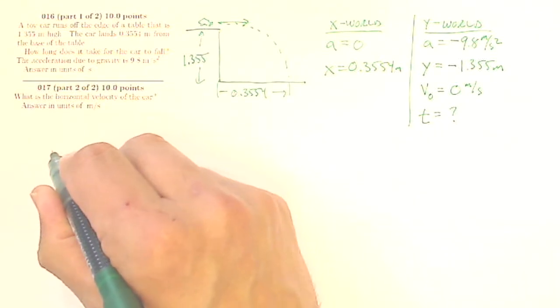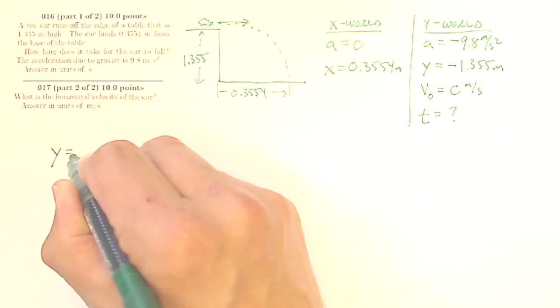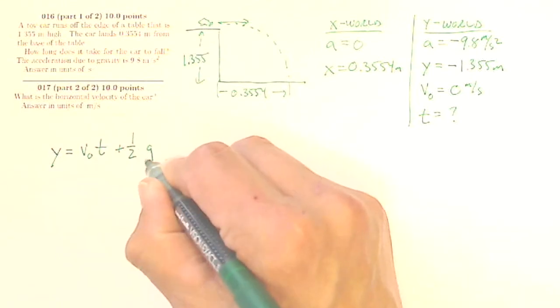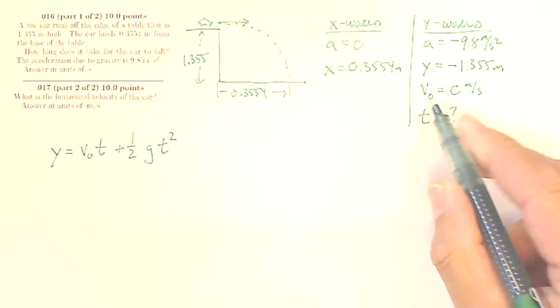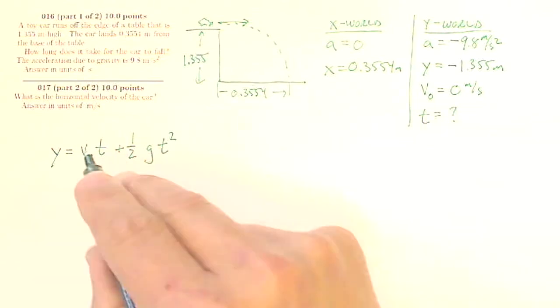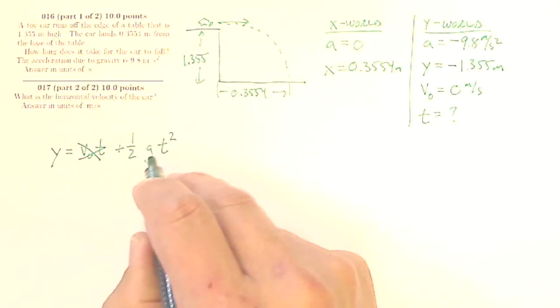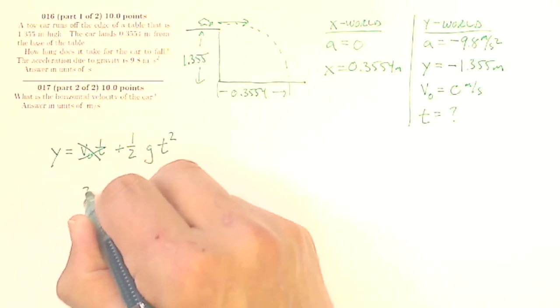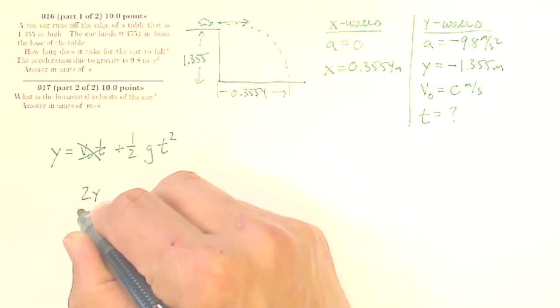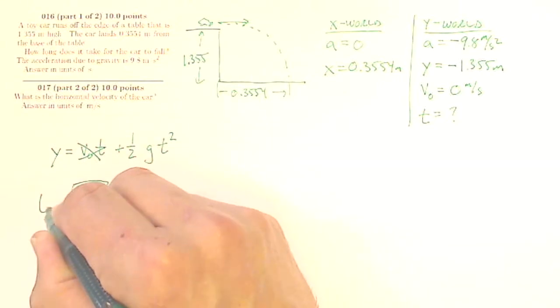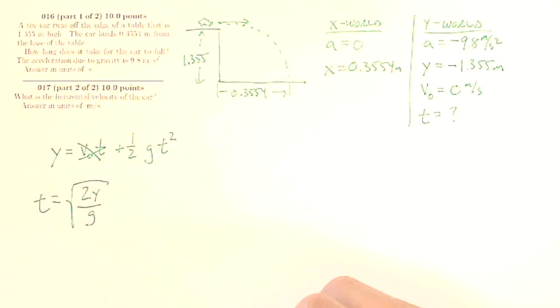So I know from the y world that my displacement is my initial velocity times time plus 1/2 my acceleration times time squared. Since my initial velocity is 0, this term goes away. If that's the case, then I can rearrange this equation. Multiply by 2, so I get 2y divided by g, square root it, and that's going to give me my time, square root of 2y over g.